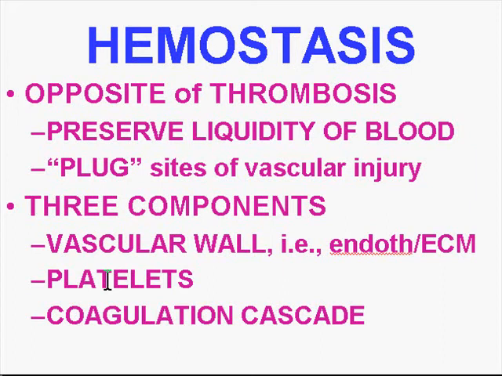Then there is the component of platelets doing all the things that platelets do, which we'll talk about. And then finally, the classical coagulation cascade, the changing of profactors into factors with the ultimate formation of the fibrin clot. All of the factors that lead up to it, and some of the factors after it, either stabilize that clot or dissolve the clot, which is called fibrinolysis.